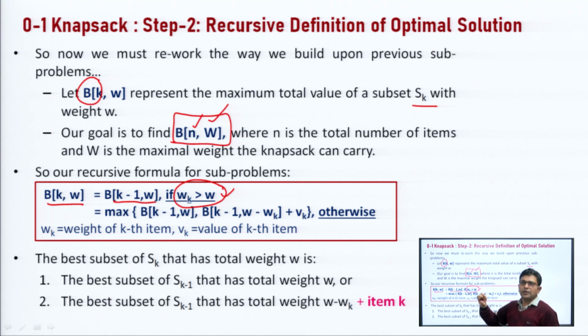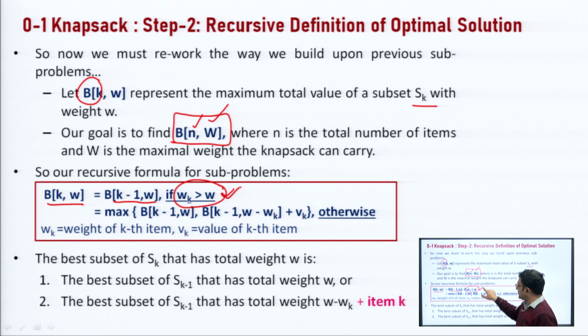Basically, B is a matrix, so the matrix will have a certain number of rows and columns. So, if this is the condition, then the value stored in the upper block will be directly copied into this block. In B[k, w], k is the row number and w is the column number.